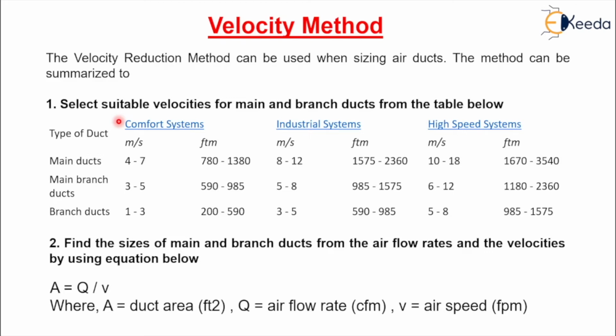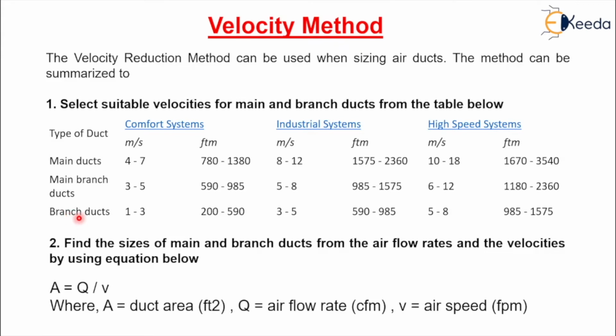That means the duct which is coming from the air conditioner equipment is the main duct. And the duct which is flowing into the building is the main branch duct. And what is the branch duct? The branch duct is that which is giving the air into the individual room in a building.